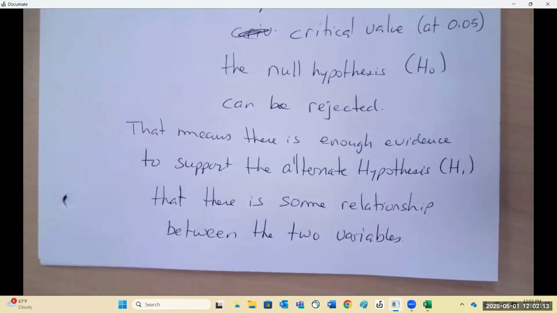Now, remember, since our degrees of freedom, the n minus 2, has changed, our formula has changed somewhat. So we find the critical value like we normally do. Now we do our t-test.